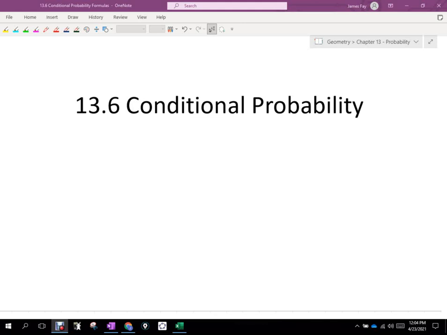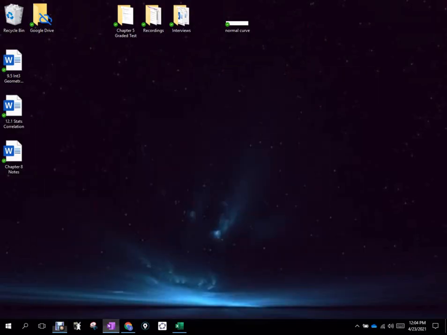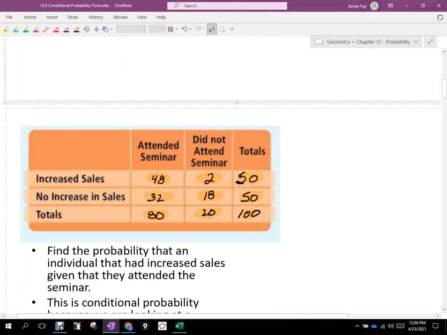So today, when we want to arrive at a certain probability, there's going to be a condition that has to be met first that allows us to accurately determine what the probability of the scenario is. Okay, so I'll give you a scenario here.